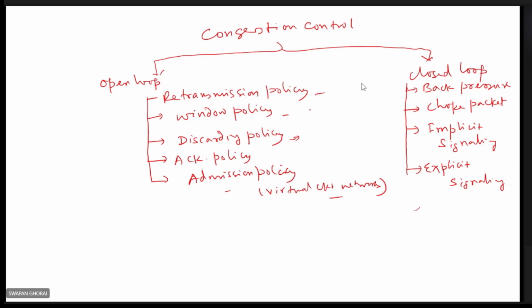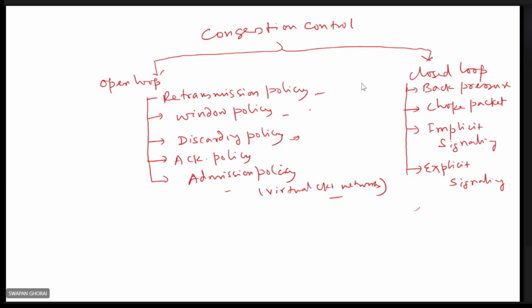But in datagrams, the data packets can reach the destination by different routes. So there is no particular upstream direction. Whenever there are specific upstream directions, this will work. So it will work for a particular case. That is back pressure.